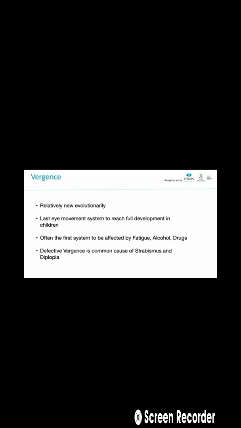This vergence system is a relatively new system in the process of evolution. Just like a new software, we'll be encountering many bugs. This vergence system is the last eye movement system to reach full development in children.